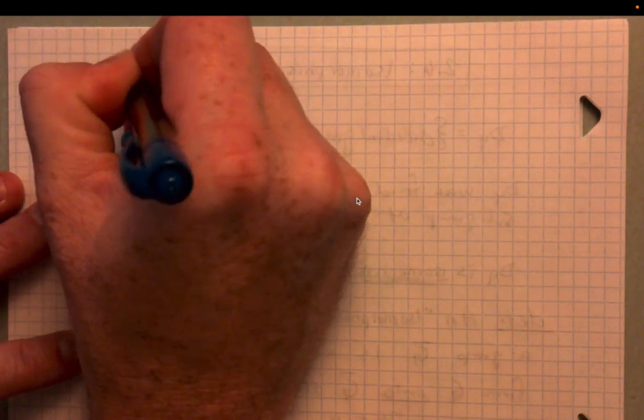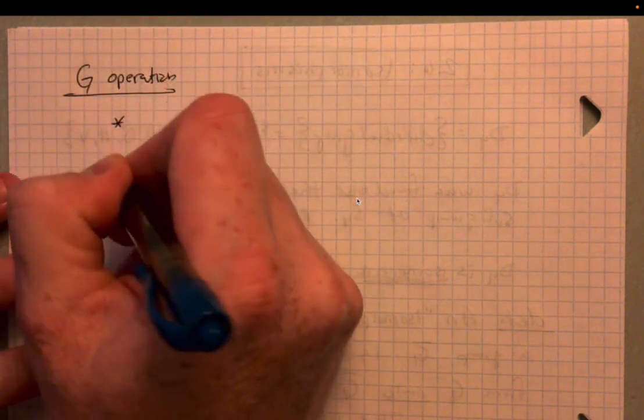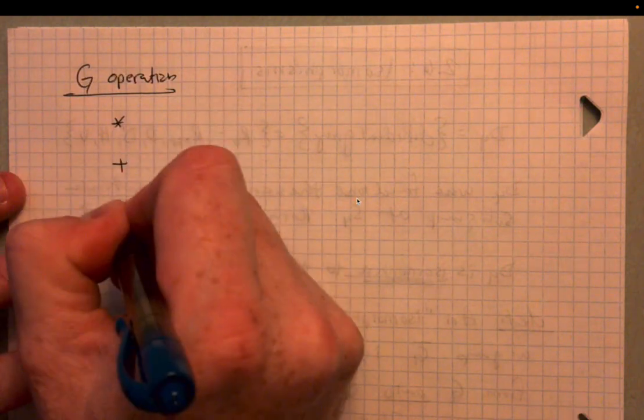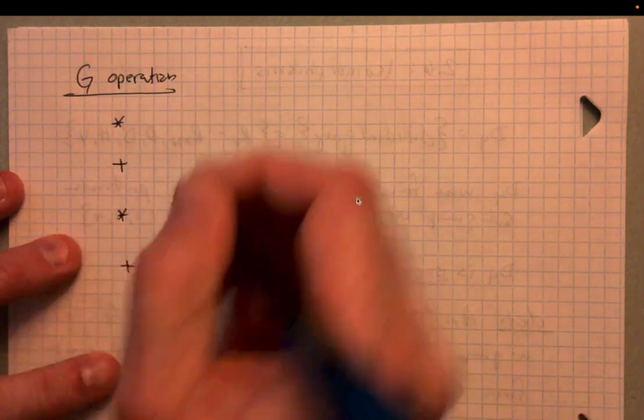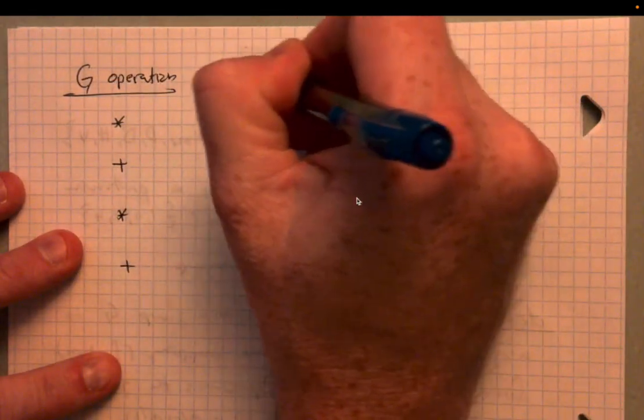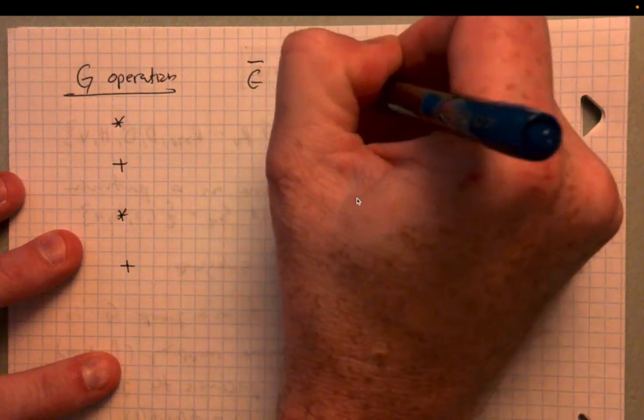Let's talk a little bit more about this operation preserving. Now, it depends on what kind of a group you're dealing with as to how the operation preserving function works. So let's say I've got G and the operations of G. Now, we've really only talked about multiplication or addition, right? So there's a couple of different combinations. Let's also talk about G bar.